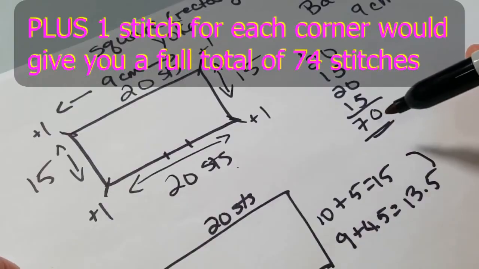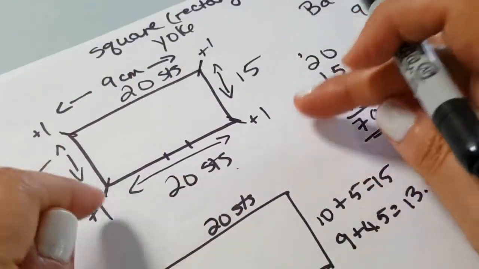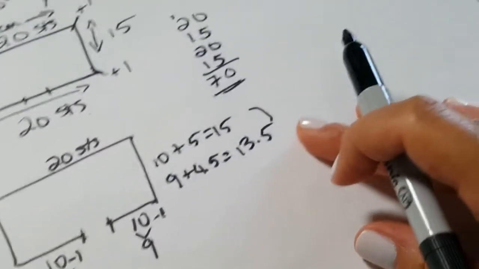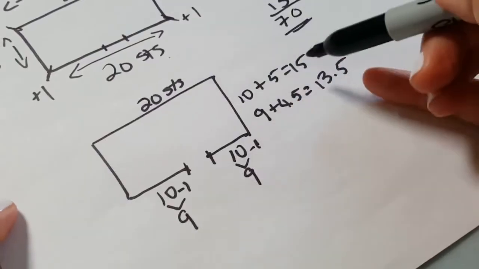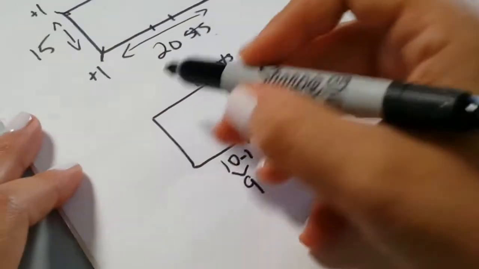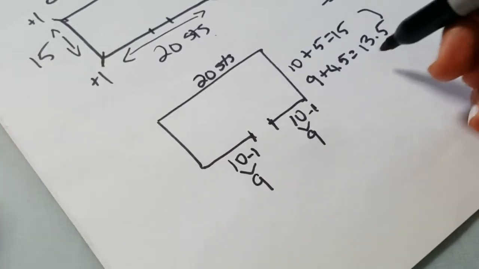So that's how many stitches I would need to create a square yoke. Now again, this is more of a rectangular fashion. So the same thing would be here if I were working it out for my cardigan. So if I did, let's say 13.5. Now a lot of times these 0.5s, we round them up or round them down.